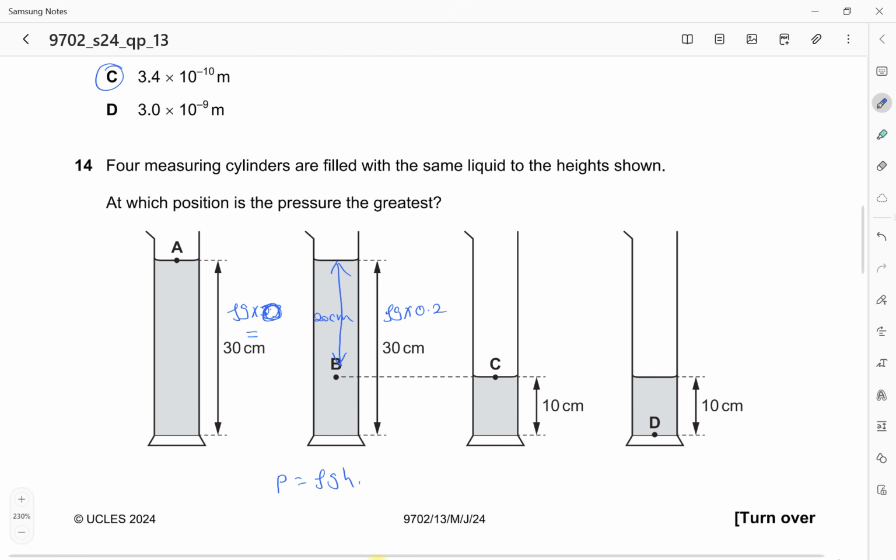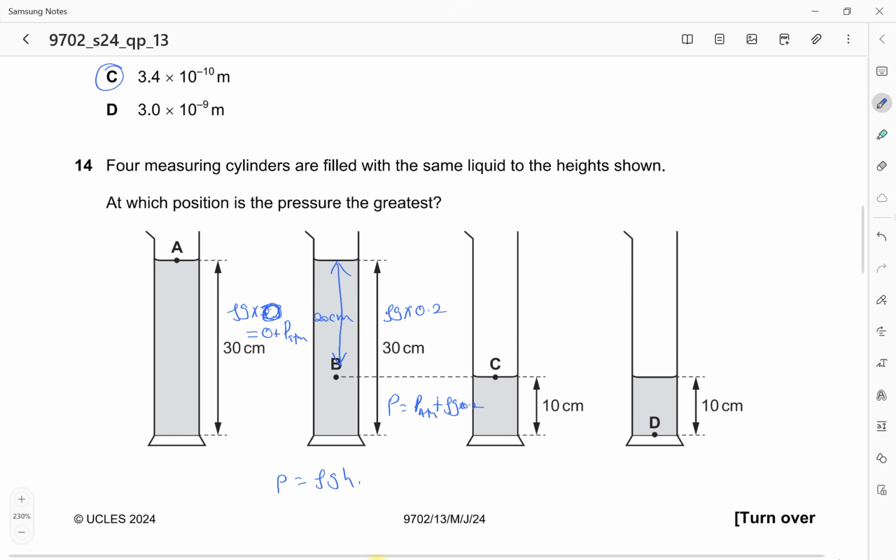So here the pressure due to the liquid is 0. Oh, it is just 0 plus atmospheric pressure. Then here, the total pressure is going to be equal to atmospheric pressure plus density times g times 0.2.